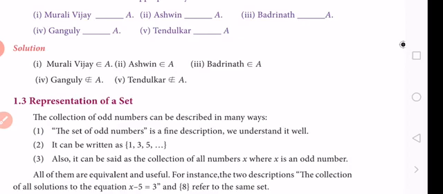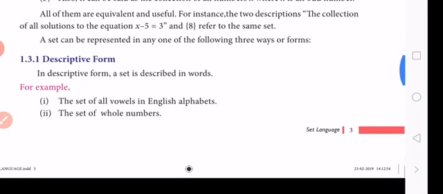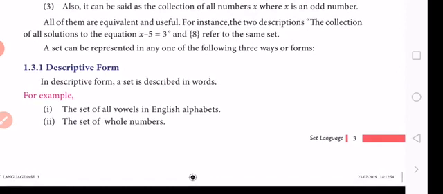The first one, descriptive form. Second one, set builder form or rule form. And third one, roster form or tabular form.